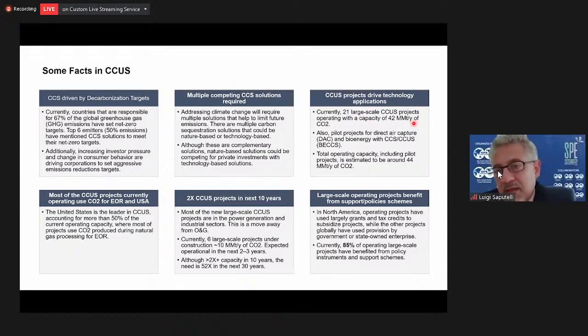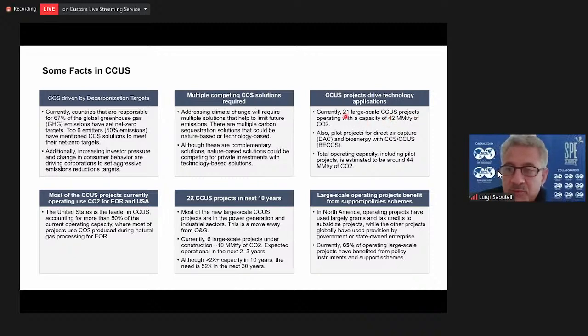And these 42 million tons, can you picture how much we are talking about in terms of the overall scope 1, 2, and 3? This is 42 divided by 35,000 million tons per year. So we're talking about a peanuts number, very small, but it's a good starting point.